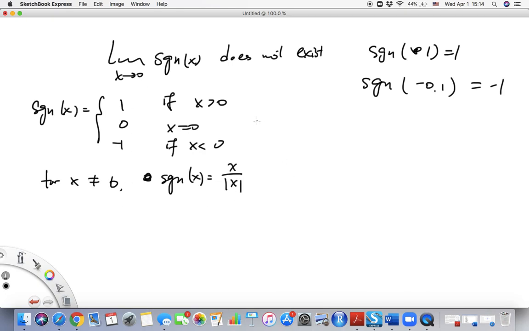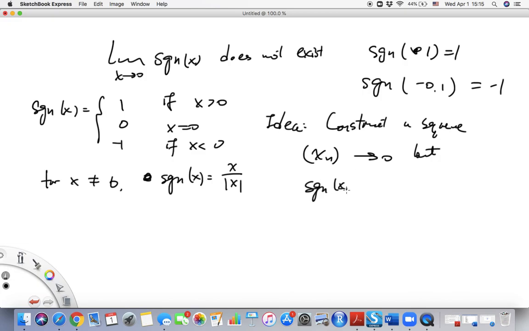So how do we do that? Here's the idea. We want to construct a sequence xn such that xn goes to 0, but sgn of xn does not converge. We can take xn to be (minus 1) to the n over n.